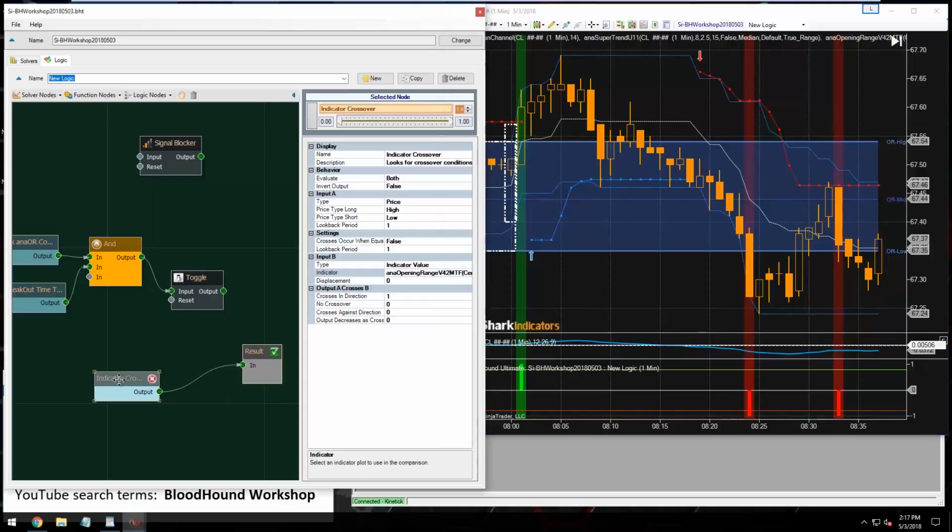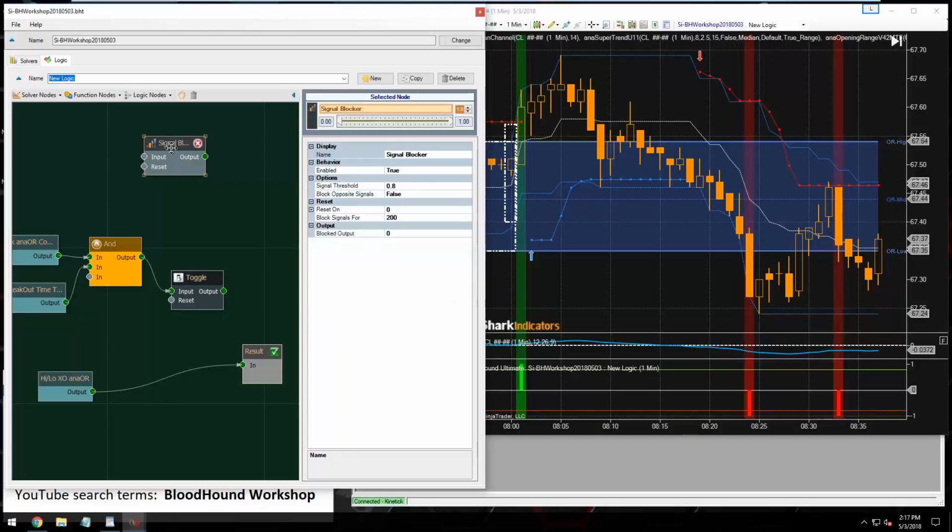All right, and let's see what else. Let me name this. This is looking for the high or the low crossing over the anaOpenRange there.